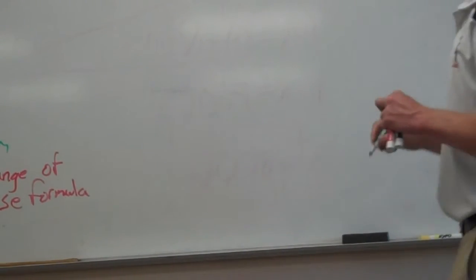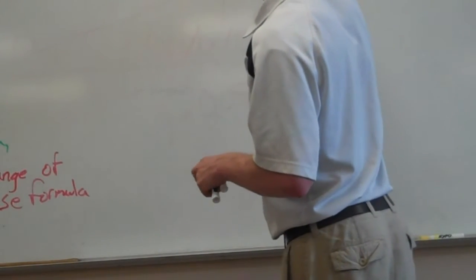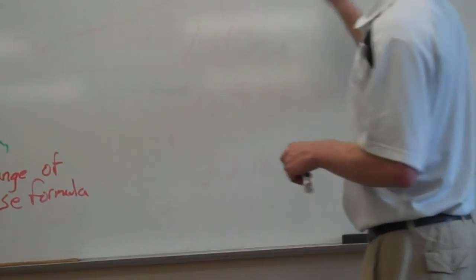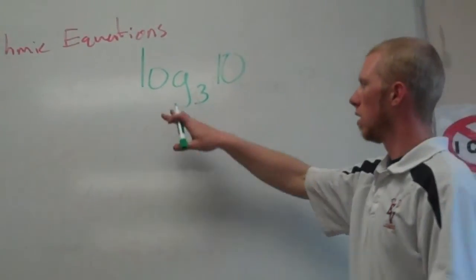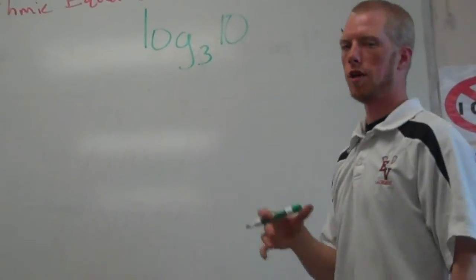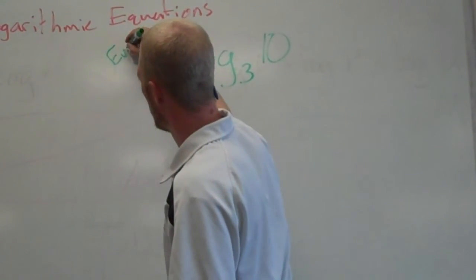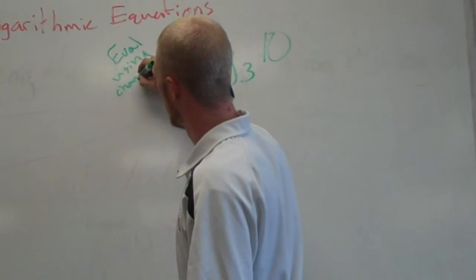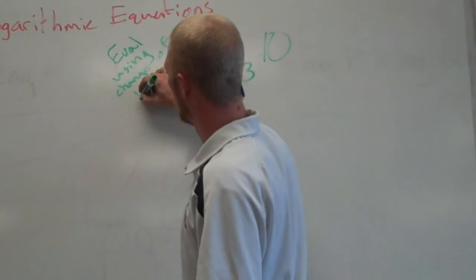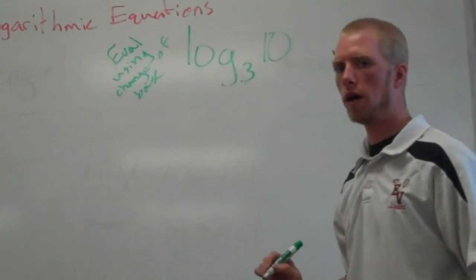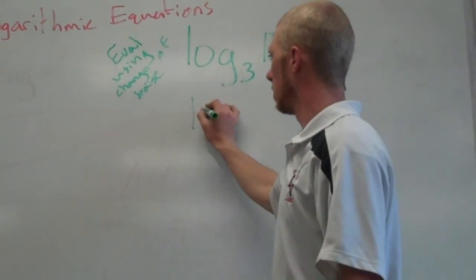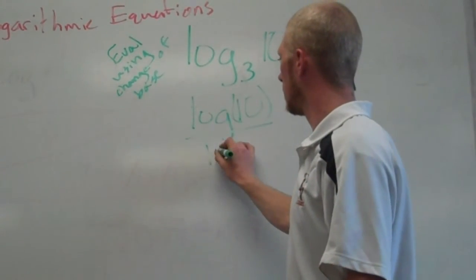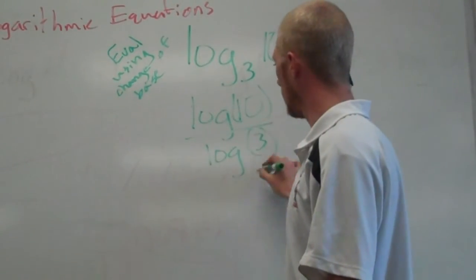There will be problems on your homework also that look simply like this, and they say evaluate using change of base. All I want you to do on those problems is log of 10 divided by log of 3.